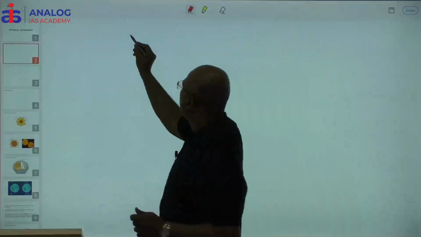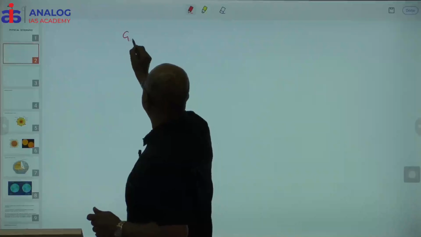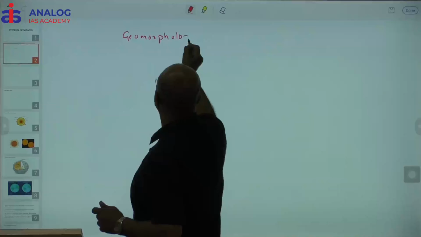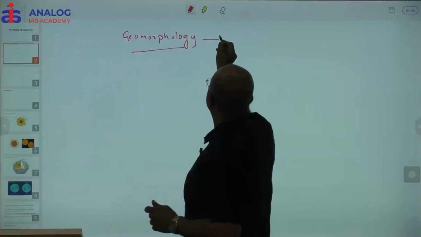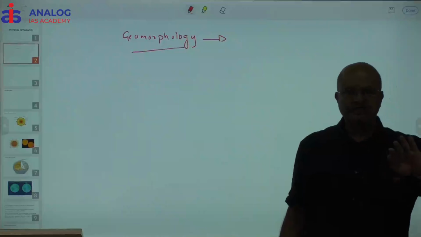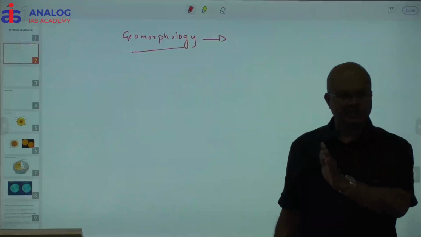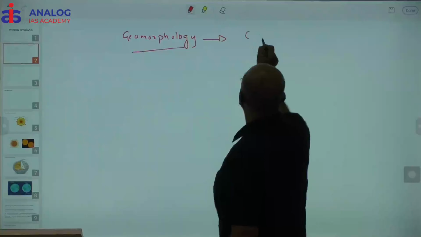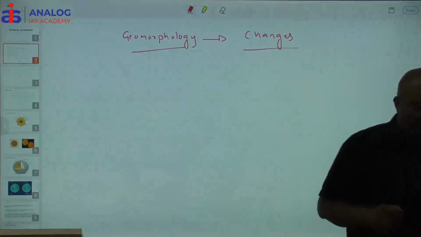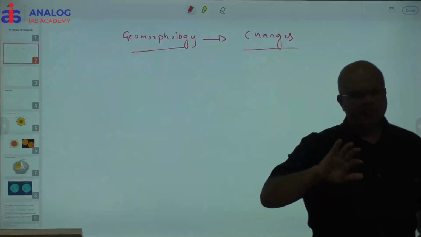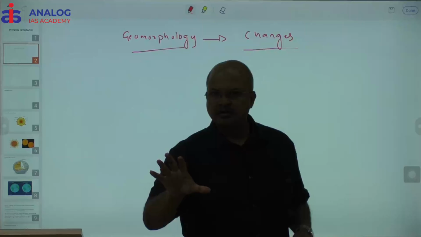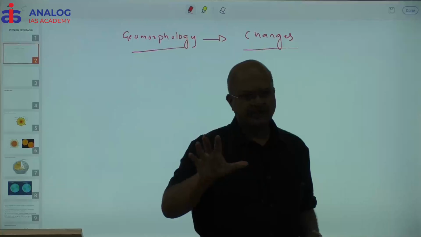Perfect. When we talk about geomorphology, knowing that this geomorphology talks about changes, evolution of the earth. Geo means earth and morphology means change. Now, change is always accompanied by forces. Only forces can change.